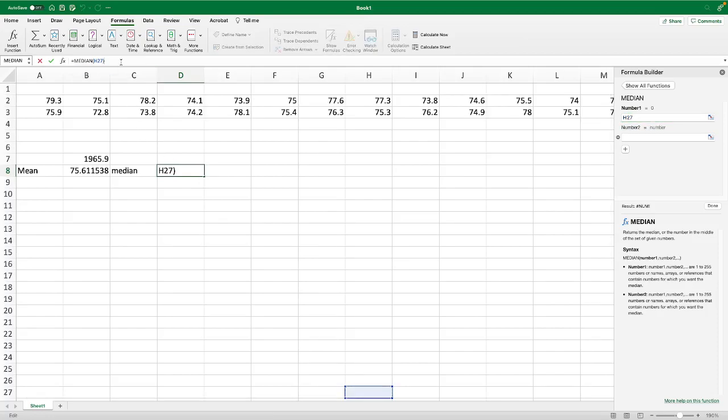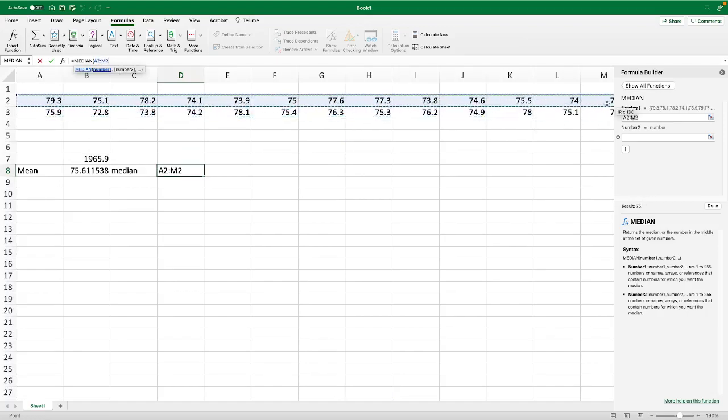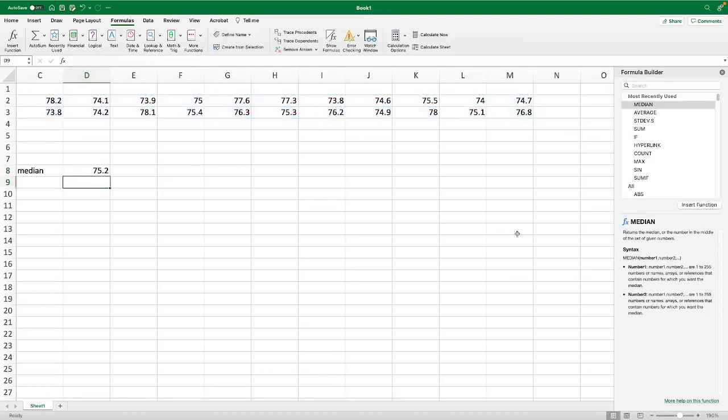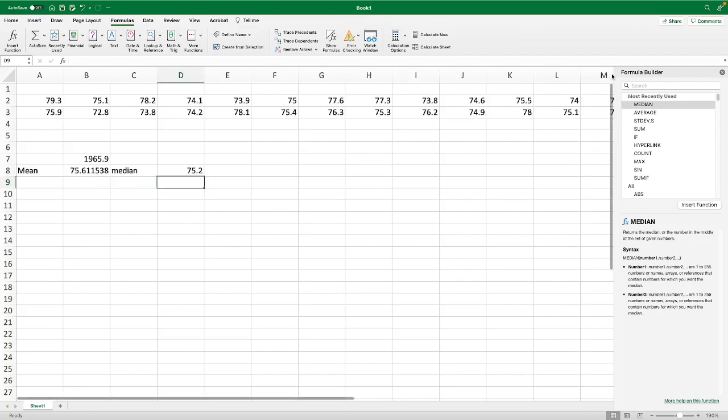When we're finding point estimates, we're finding values from the sample that give us an estimate of what the value would be in the population. So 75.2.